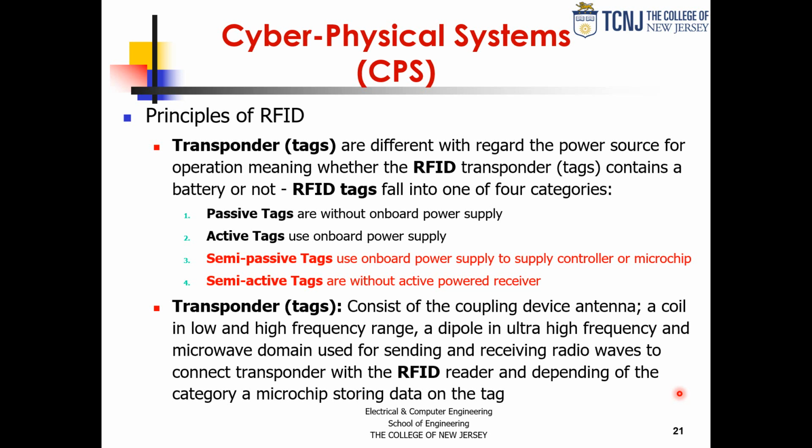So there are some hybrid systems, but mainly you have the passive and the active ones, which have a battery, and those have their own characteristics. We also have different frequency bands that they operate at, and we'll see that as well.